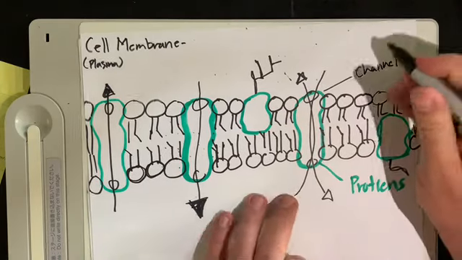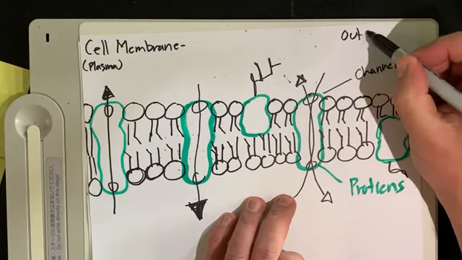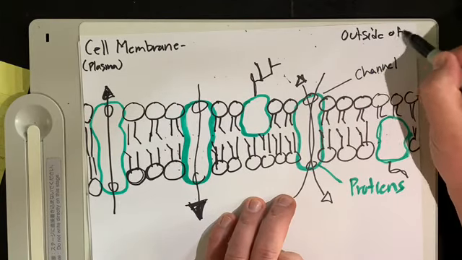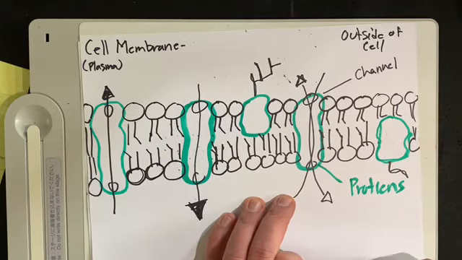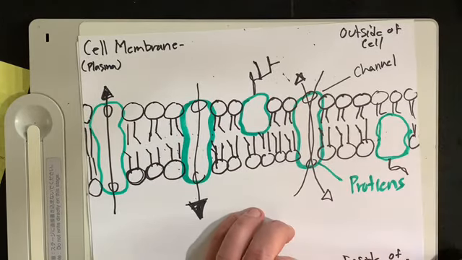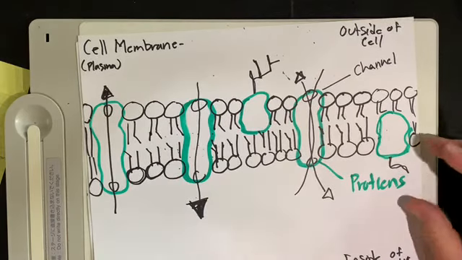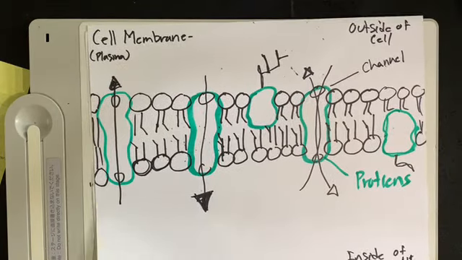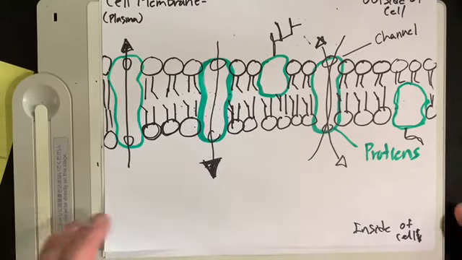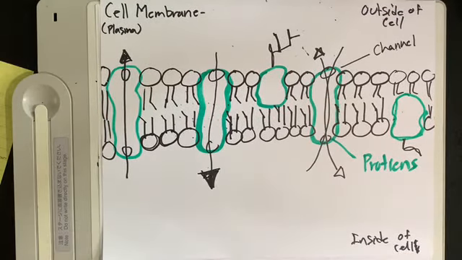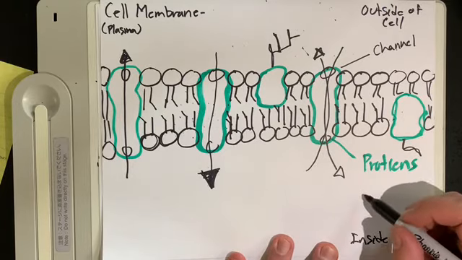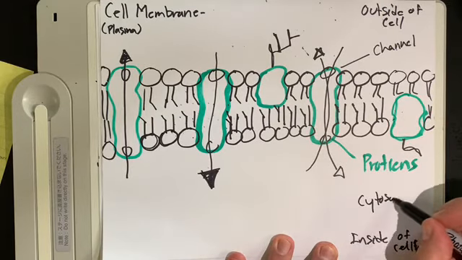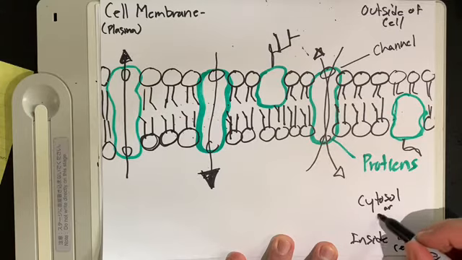So here, this would be the outside of the cell. And here would be the inside. And the inside of the cell, we often refer to as the cytosol or cytoplasm.